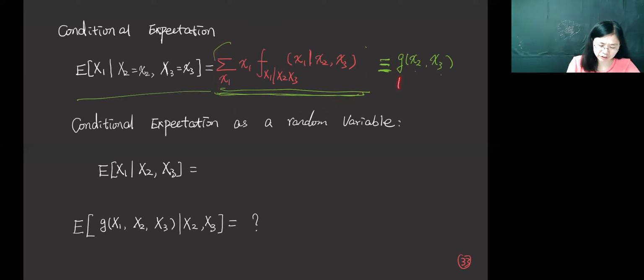We can call that function g. Then if we evaluate g at the random variables X2 and X3, then g of random variables X2 and X3 is also a random variable. And that random variable can be denoted E of X1 given X2, X3. And that's how we view conditional expectation as a random variable.